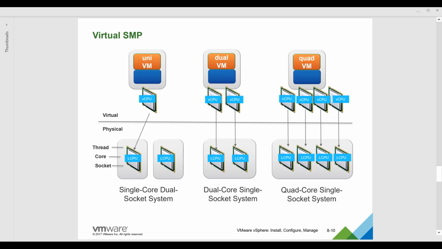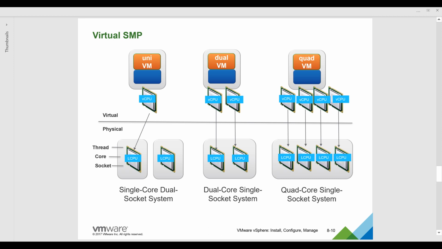Next, we'll talk about virtual SMP, or symmetric multiprocessing. In a physical system, SMP is used when we have more than one physical processor, well, even logical processors, because we have cores now. It allows the operating system to talk to multiple processors. Same thing, we do it with virtual. As you can see in this example, we have maybe just one vCPU, but we might have two logical CPUs.